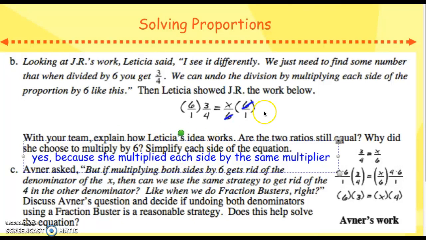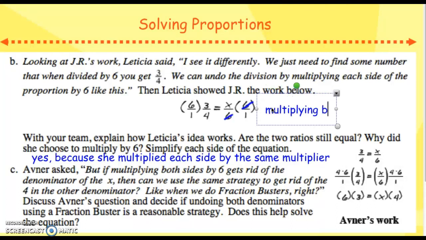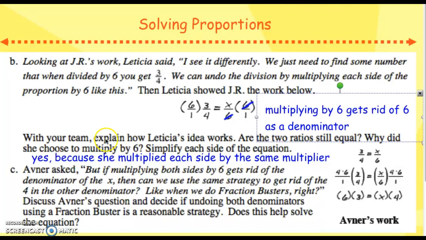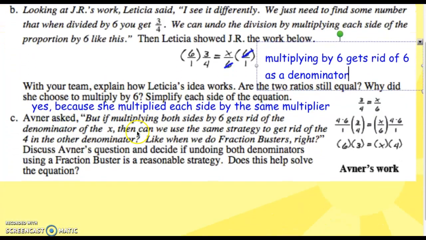And she chose 6 because multiplying by 6 gets rid of 6 as a denominator. So it's undoing the division because we multiplied it.